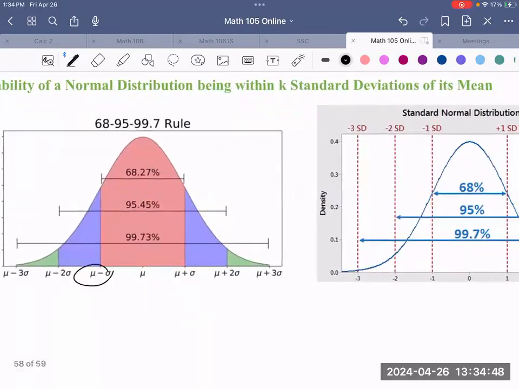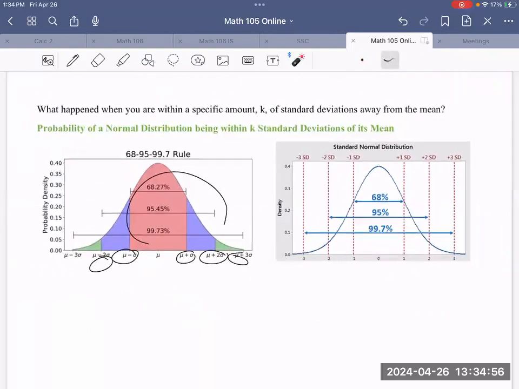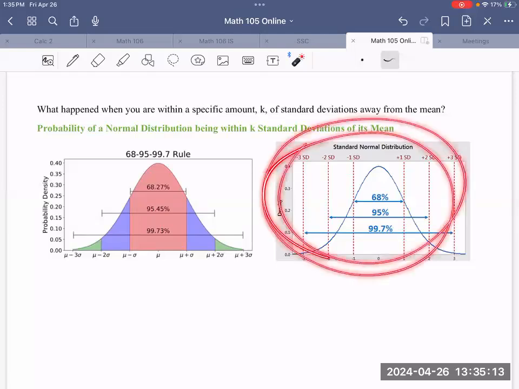So within 1 standard deviation or 2 standard deviations, we still want to recall your empirical rule. Now this one is just slightly different. This is for your probability density rule. It's more of a percentage, but we're still going to be using your Z table here.